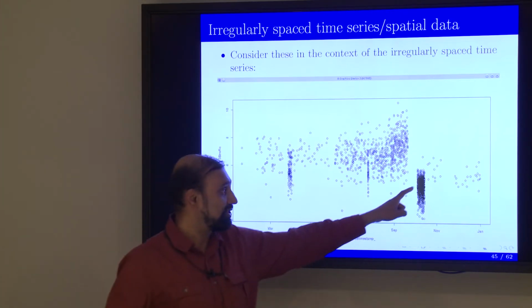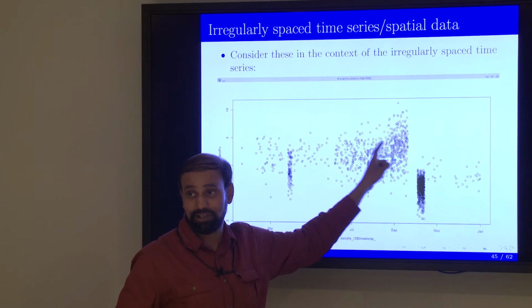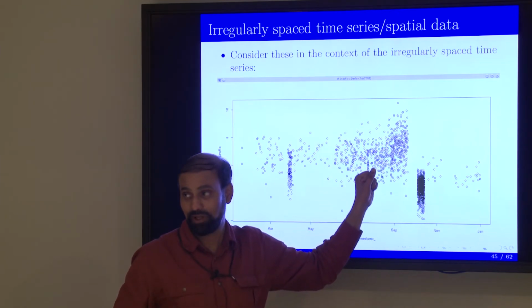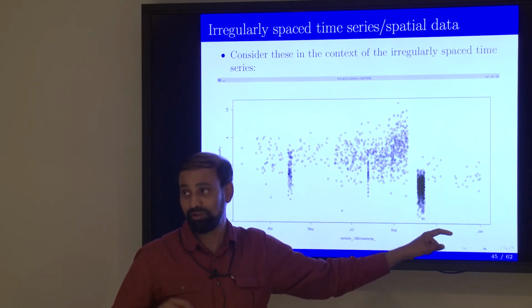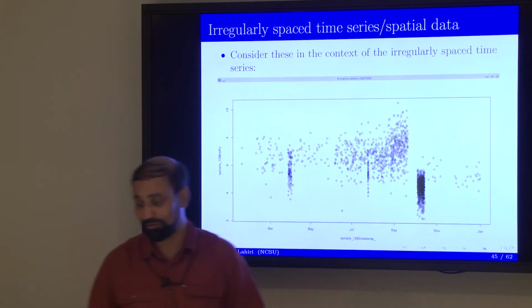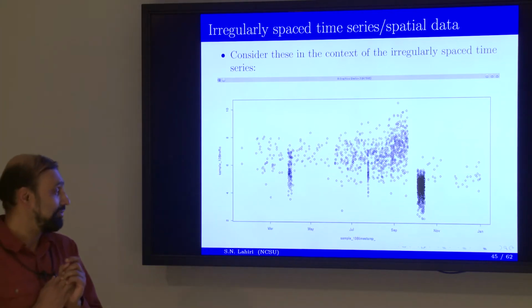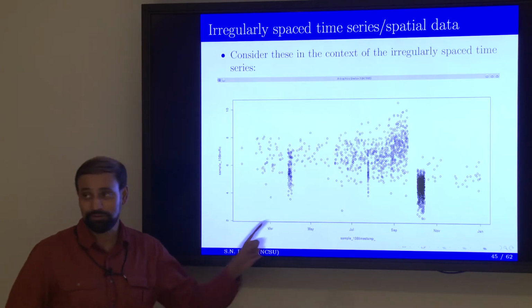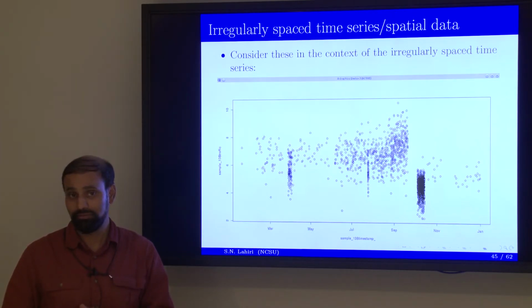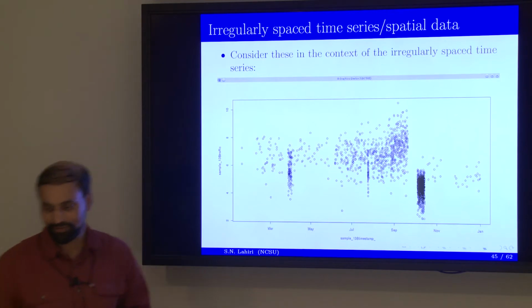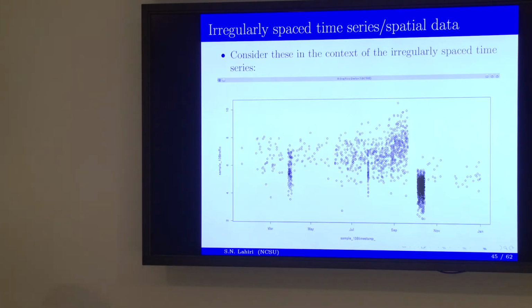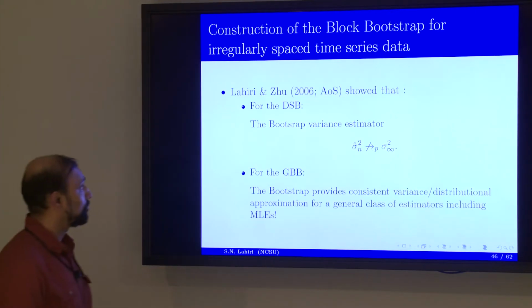So this will get represented many more times than some of the other parts, and that is not a good idea. When you have severe non-uniformity, do not go with blocks that are obtained by shifting by these locations. That will skew your final results. So GBB is the right one that one should be using.